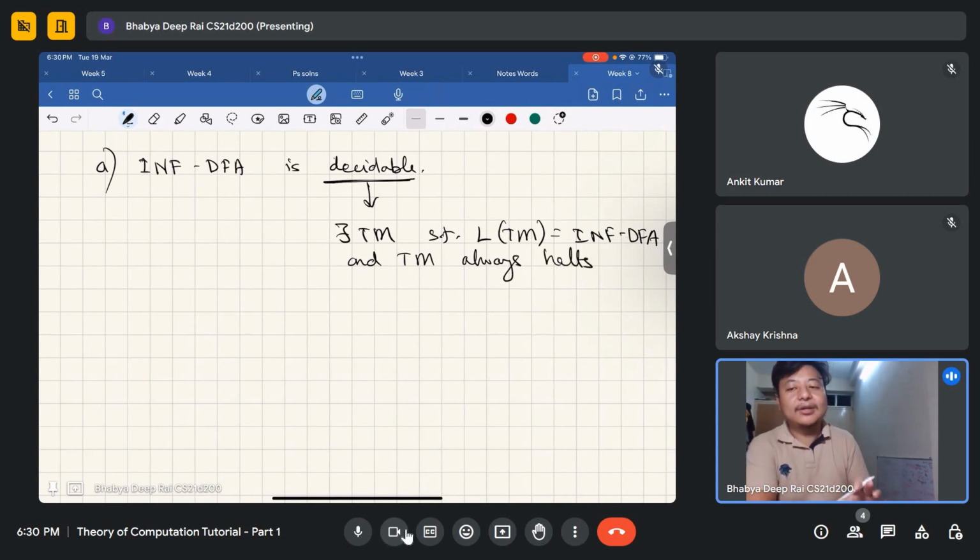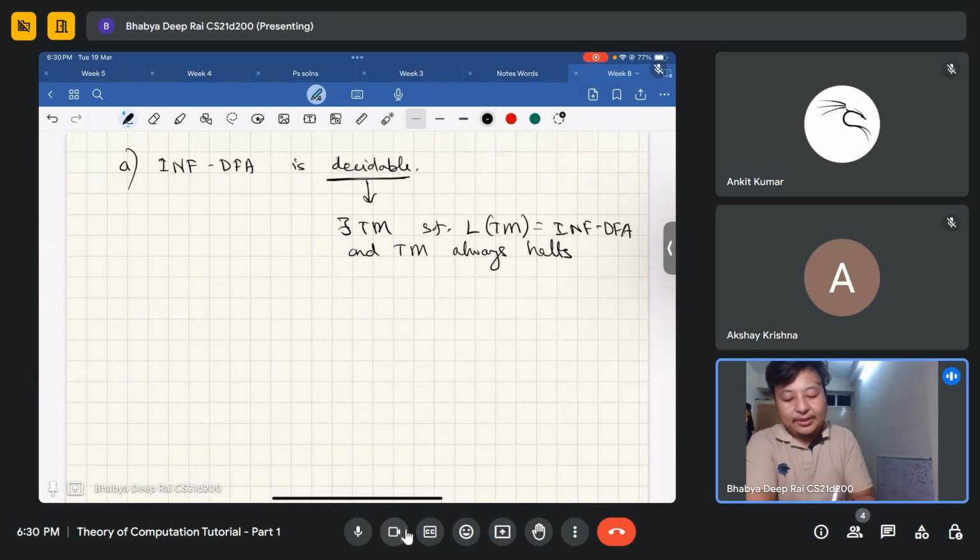I want an algorithm that always halts. It is simple. As I've said before, if there is a self loop, it means it is infinite. If there are no self loops, then the language can only accept a finite number of strings. So this is a litmus test for it.